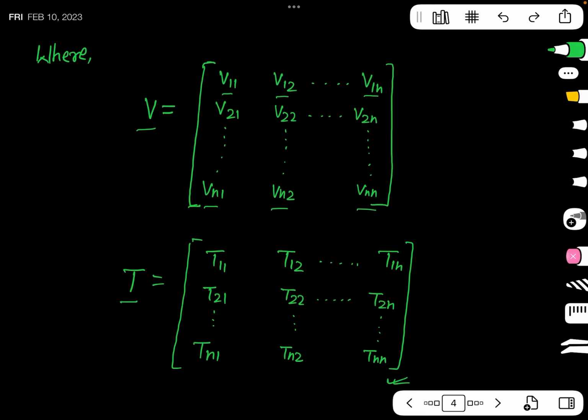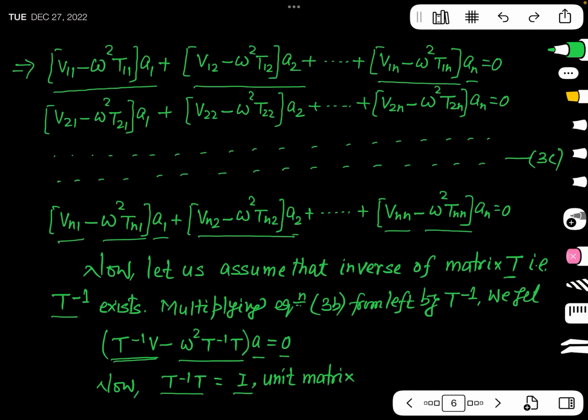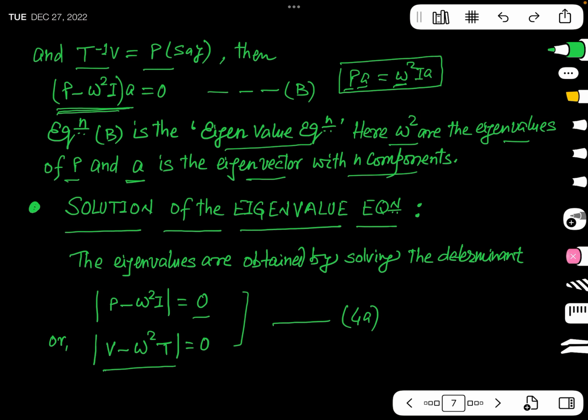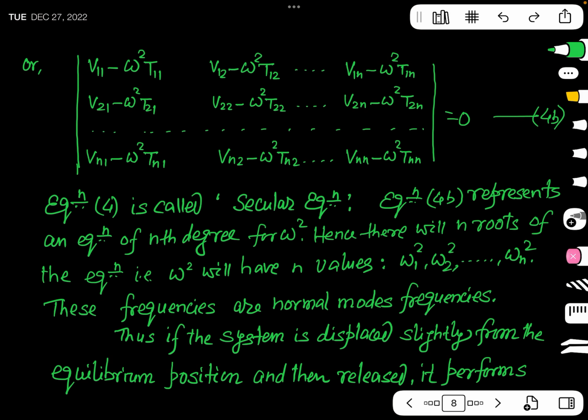Now this secular equation can be solved like this.